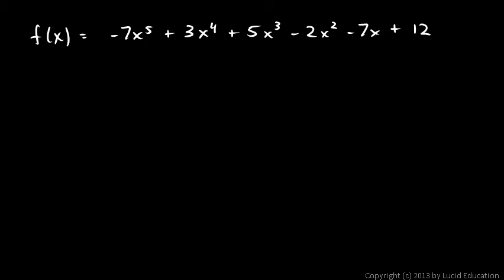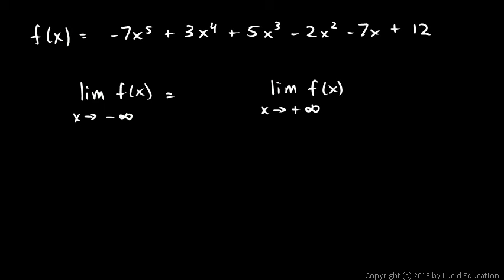In this one, we're given this function, and we're told to use limit notation to describe the end behavior. So all we want to do is talk about the limit as x approaches negative infinity, what is that, and the limit as x approaches positive infinity. That's what we're trying to find. And in this case, we have negative 7x to the 5th. We can ignore all the other terms.